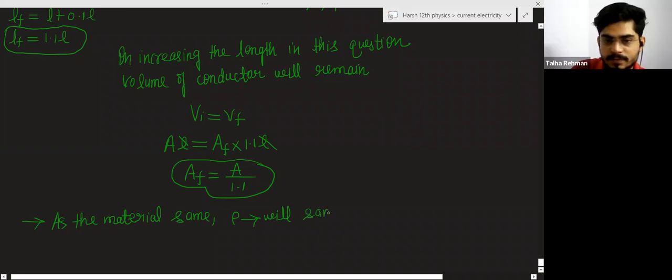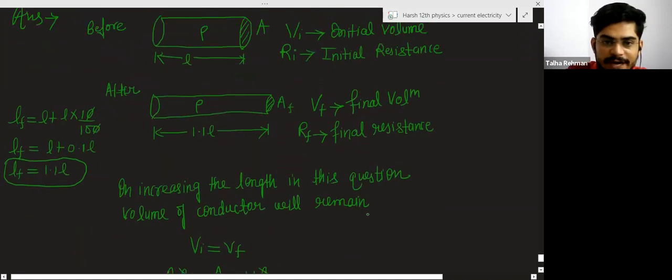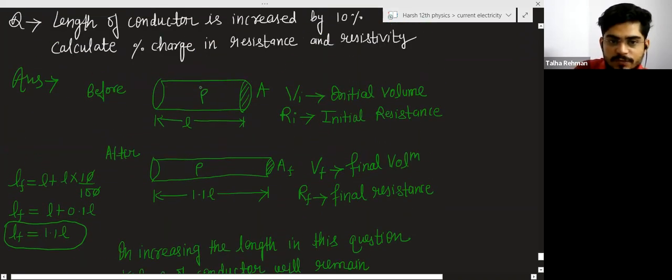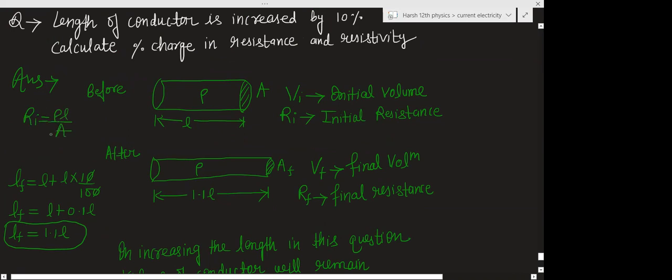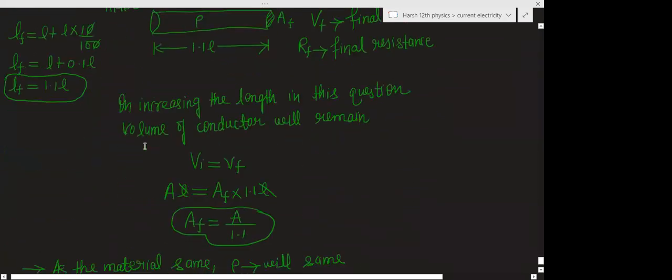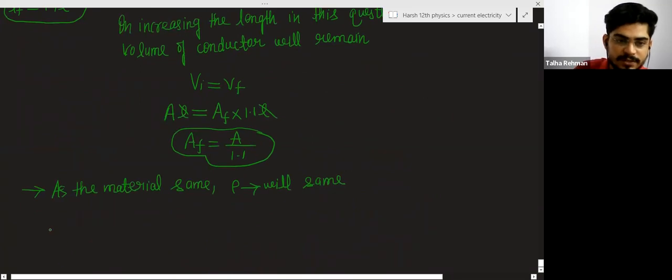So if I want to write the value of resistance, can I write R initial is equal to rho L divided by A? Okay, I am just writing the initial resistance: R initial is equal to rho L divided by A. And what about the final resistance? Rho is the same.